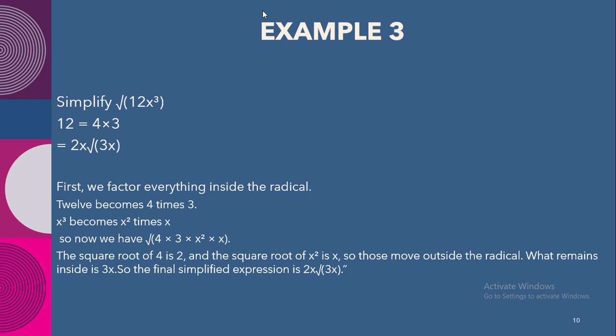So now we have square root of 4 times 3 times x squared times x. The square root of 4 is 2, and the square root of x squared is x. So those move outside the radical. What remains inside is 3x. So the final simplified expression is 2x root 3x.